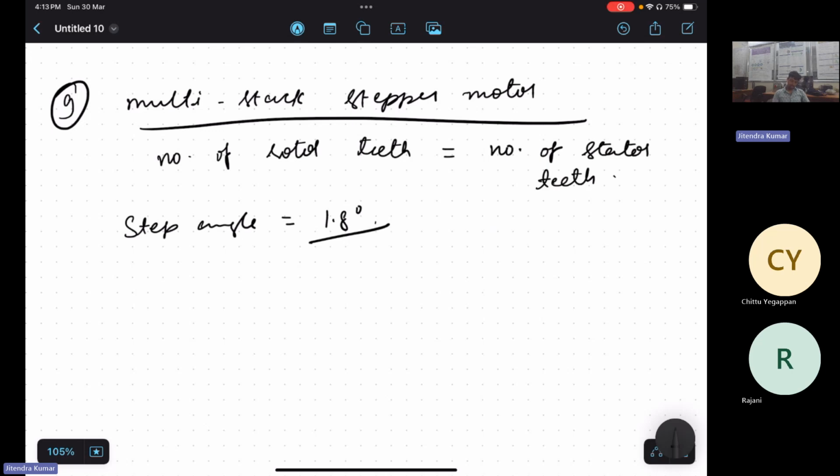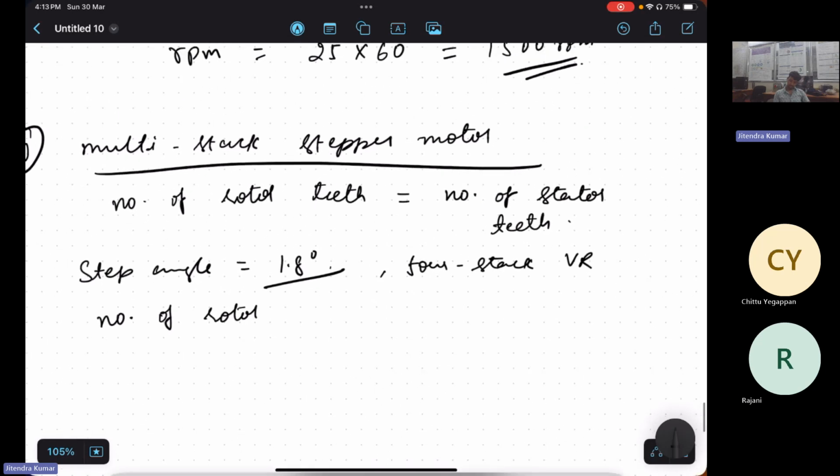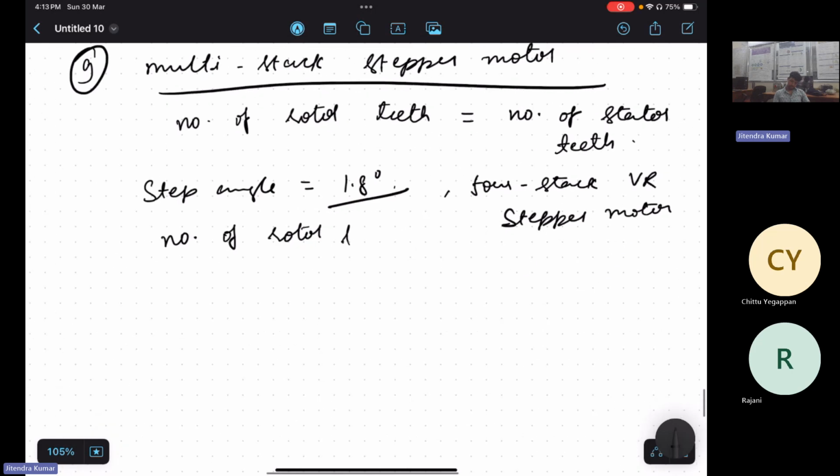Find the number of rotor teeth and stator teeth. This is a 4-stack VR stepper motor.